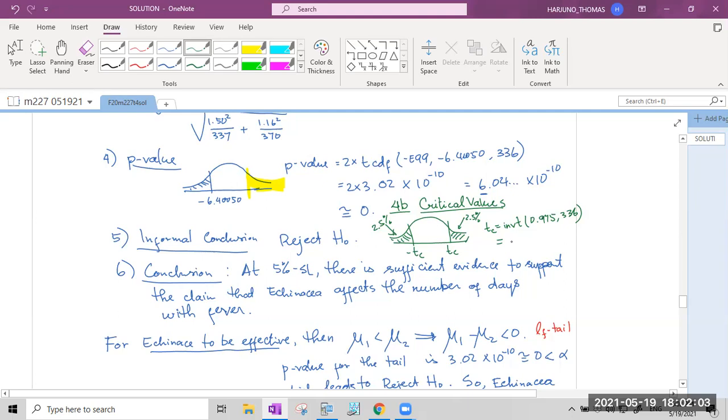I get, oh, it's plus minus, by the way, plus minus 1.96705. And our test statistic is -6, which is at the tail. That's why we reject null hypothesis.